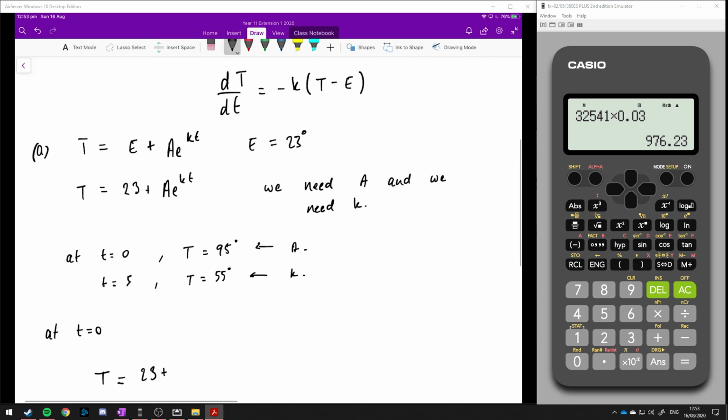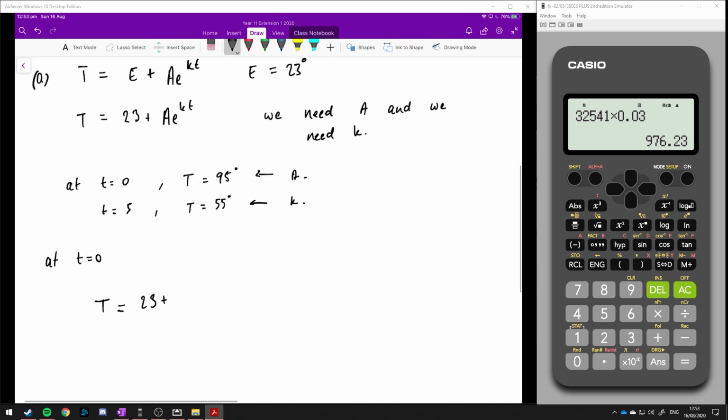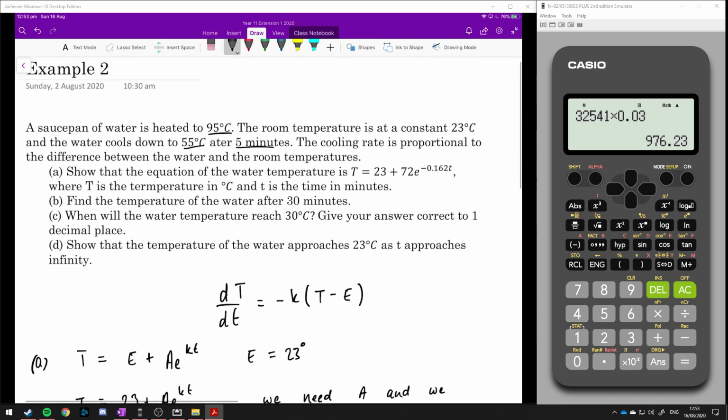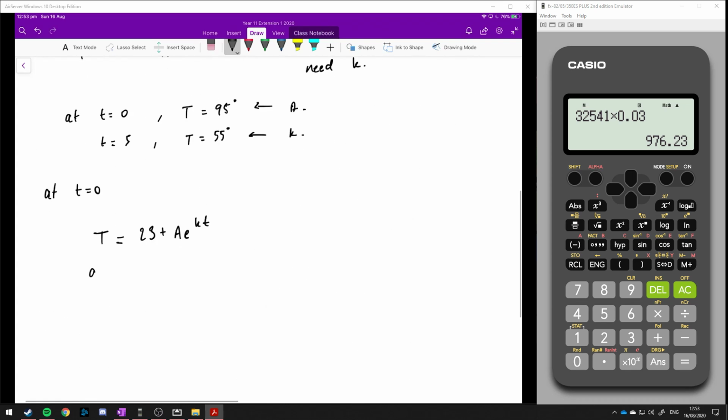So 23 plus Ae to the kt. We know that the initial temperature is 95 degrees, which is equal to 23 plus Ae to the 0k, since it's at time 0.